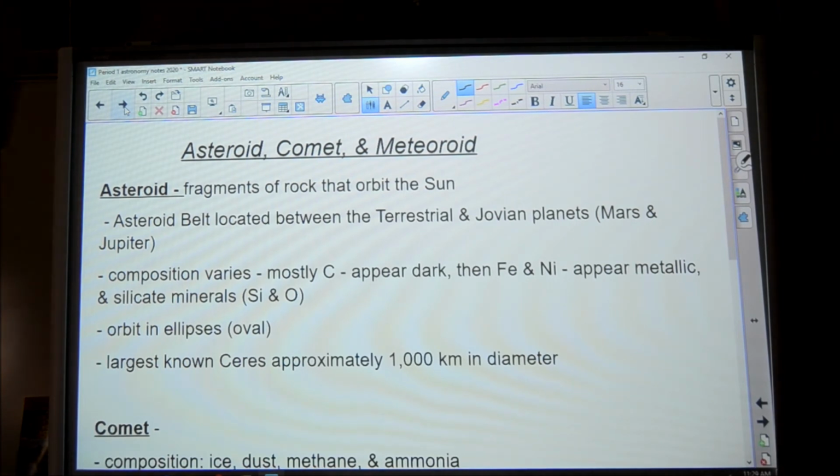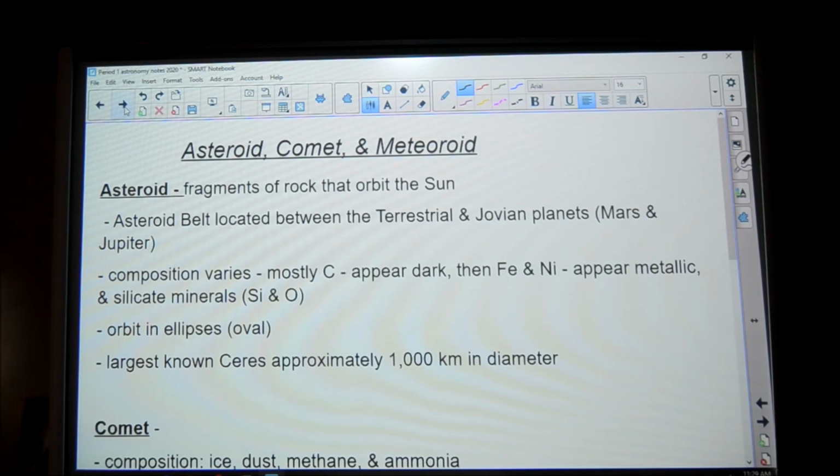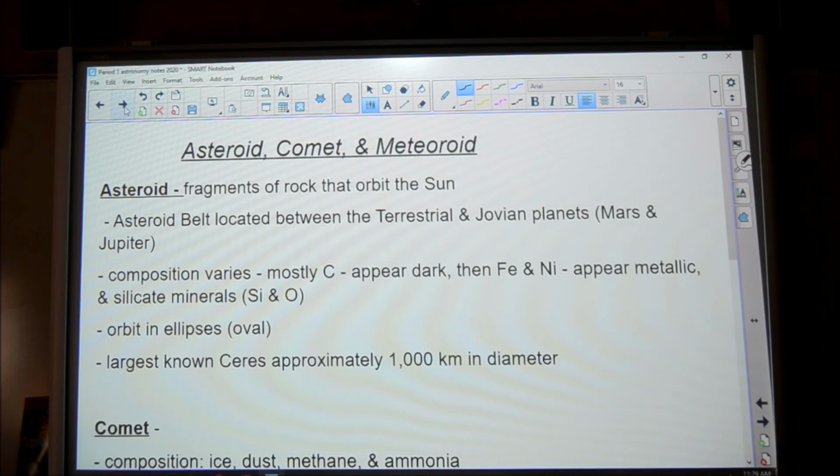Then you've got iron and nickel, so it's a little metallic. It's got silicates. Remember, when we did minerals, silicates had silicon and oxygen in them. Asteroids orbit in ellipses or ovals, and our largest known one is Ceres, approximately 1,000 kilometers in diameter.